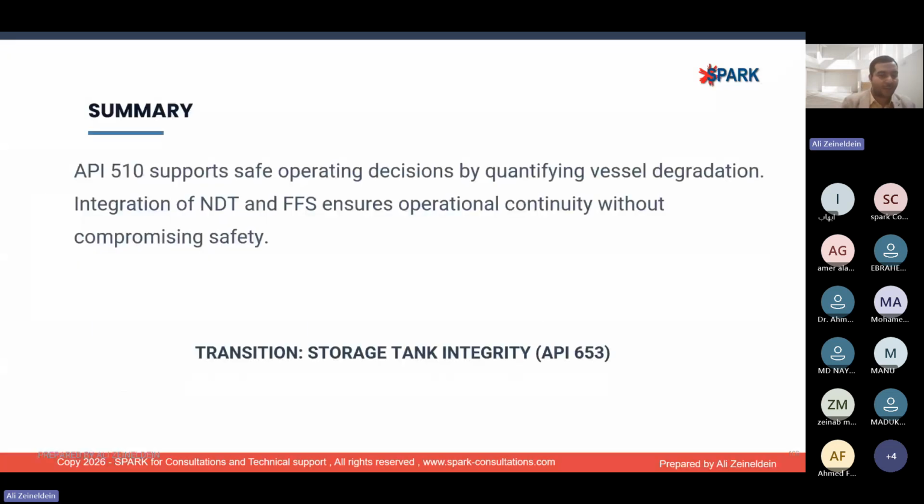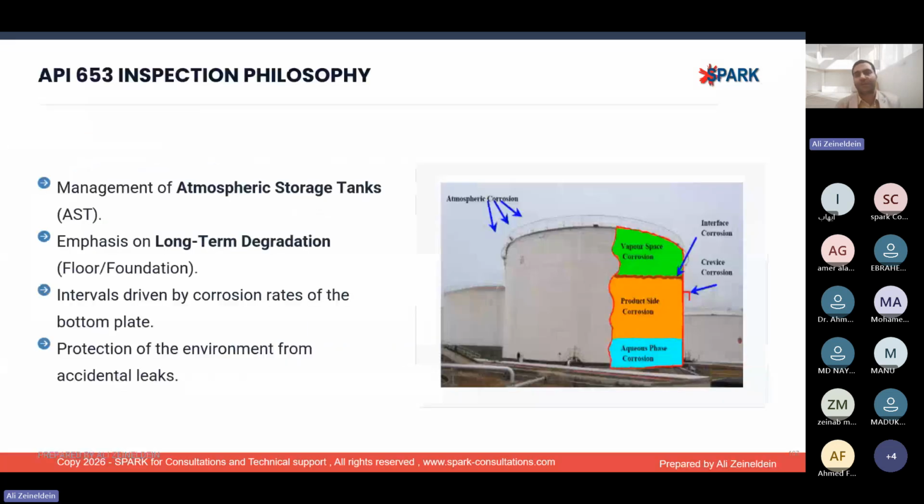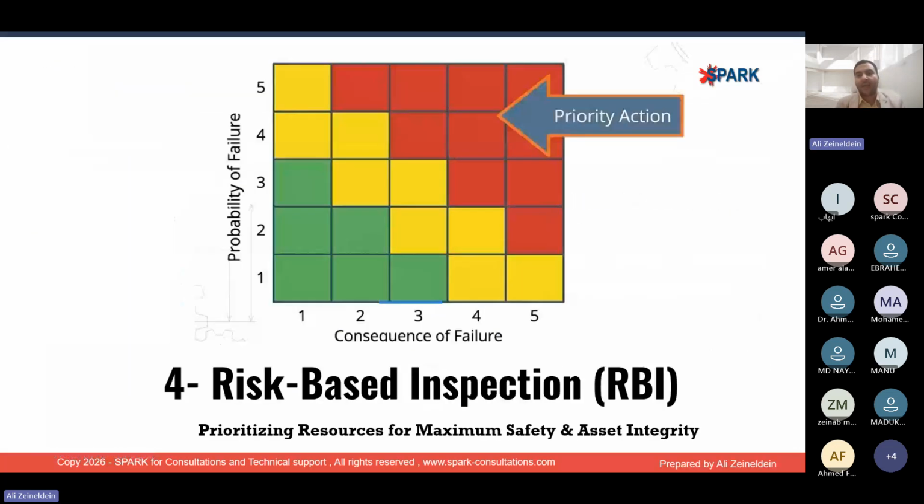Risk-based inspection. We will close our session with risk-based inspection and identify what the main reason for RBI is. Risk-based inspection is an approach applied to focus inspection efforts on high-risk areas, as we can see in our slides here.